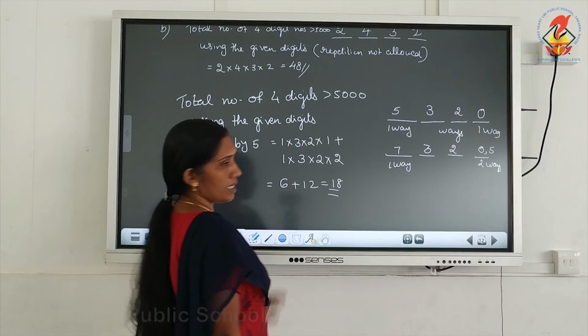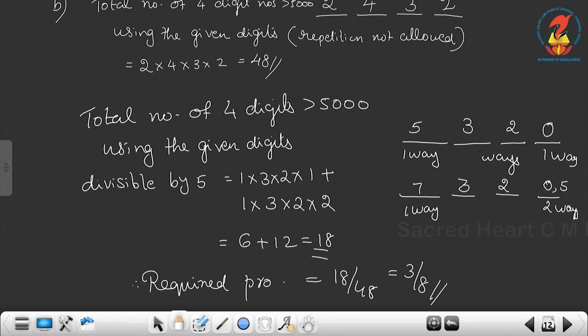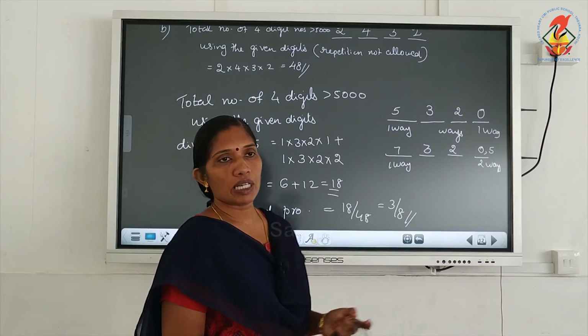So total 18 numbers. Therefore, the required probability is equal to 18 by 48. 6 threes are 18 and 6 eights are 48. Okay, so that is much about the chapter probability.